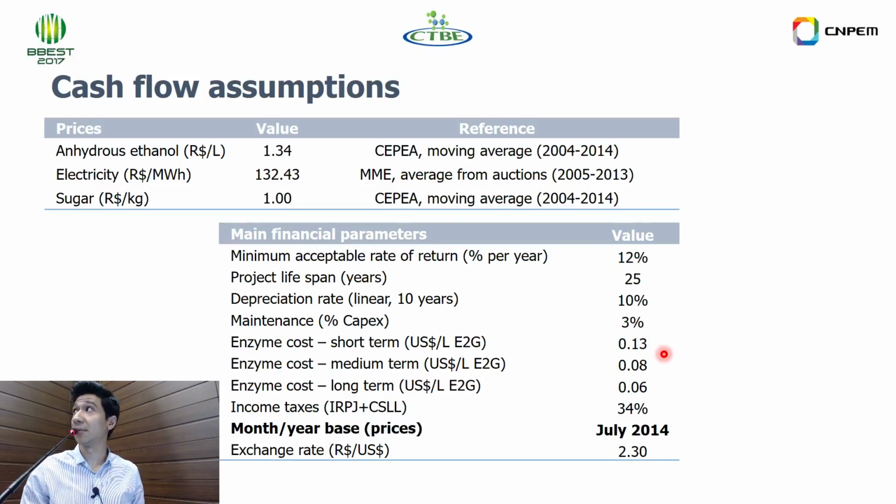Another important assumption is how the enzyme cost would decrease over time, from 13 cents of dollar per liter of second generation ethanol to 6 cents per liter, because of economies of scale in the manufacturers, mainly the enzyme manufacturers that would expand the number of mills over the country, and the clusters would be more mature, and then that would make this reduction possible.